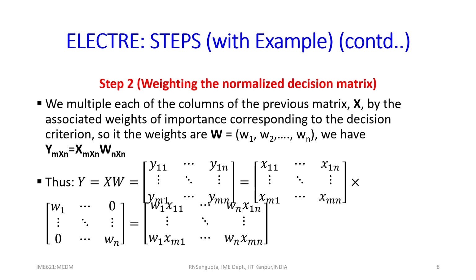And once the weights are given, based on the decision maker, we will multiply the normalized matrix with the weights matrix. Only thing to be remembered, which I did mention twice, be aware of the dimension of W and the dimension of X. So, based on that you multiply. So, step 2 would be weighting the normalized decision matrix, which we will do.